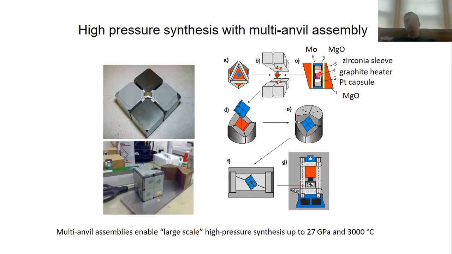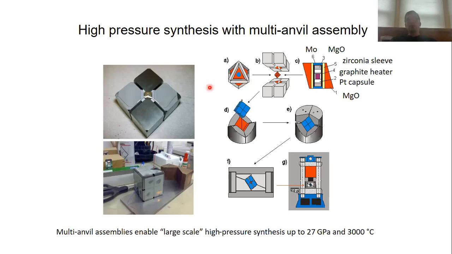These molybdenum plates are in contact with the graphite resistance heater, and they allow for the flow of electrical current from the tungsten carbide cubes that surround that octahedron. I will talk about that in more detail shortly, and the resistance heater itself.